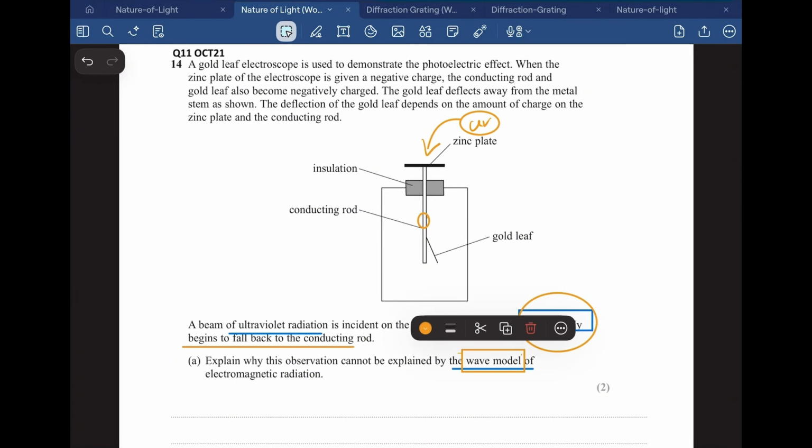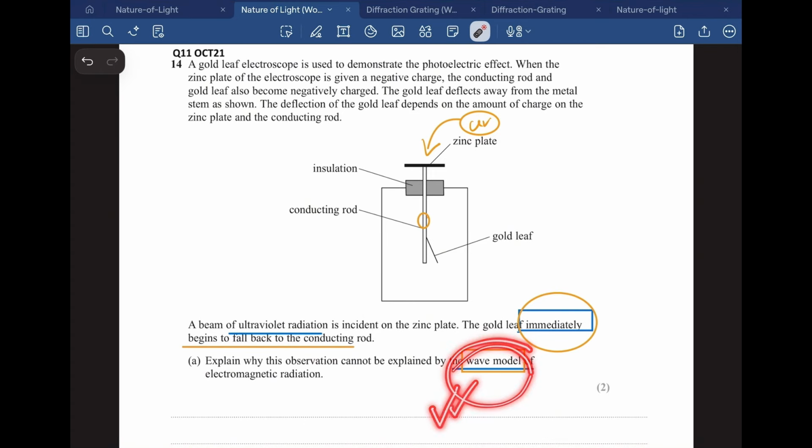What is the difference between the wave model and the photoelectric effect? In the photoelectric effect we say that if the photons coming have a frequency greater than the threshold frequency of the zinc plate, then electrons will be emitted immediately, right?